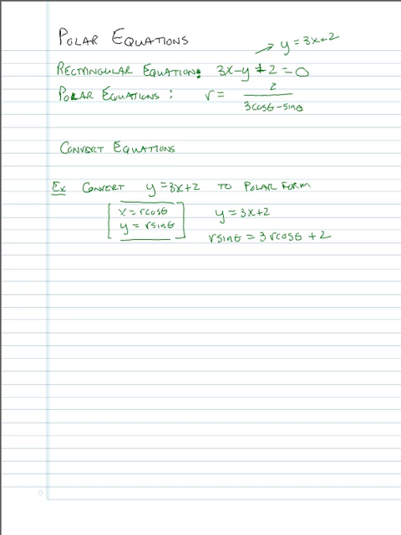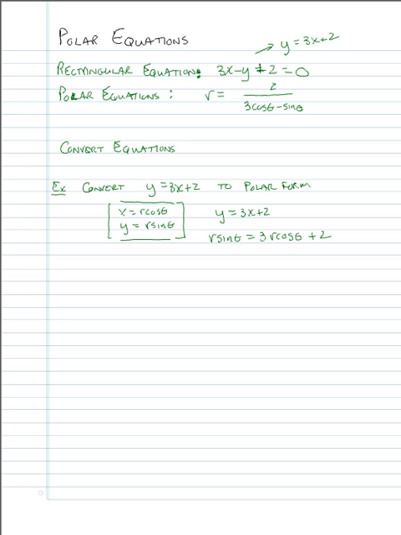Now, the next thing we may want to do is actually solve it for r, so we can say r is equal to. So here's what I'm going to do. I'm choosing to do it in this particular way, so I can show you what I had above.